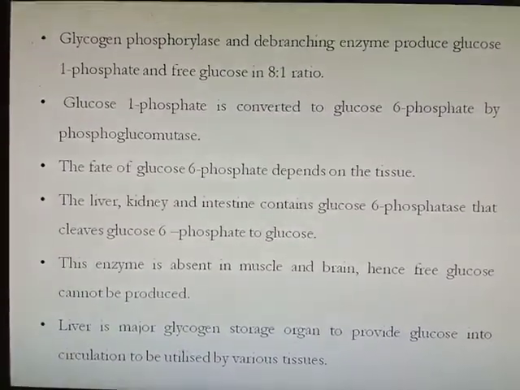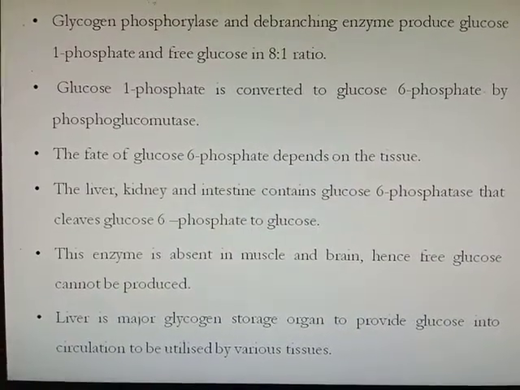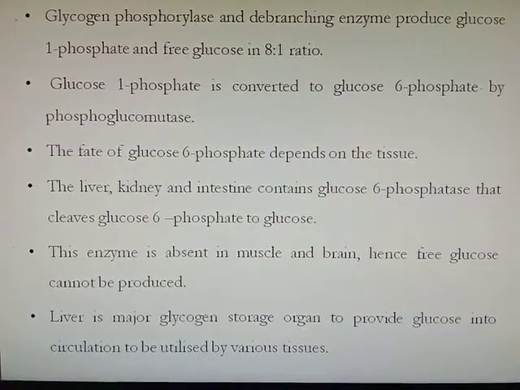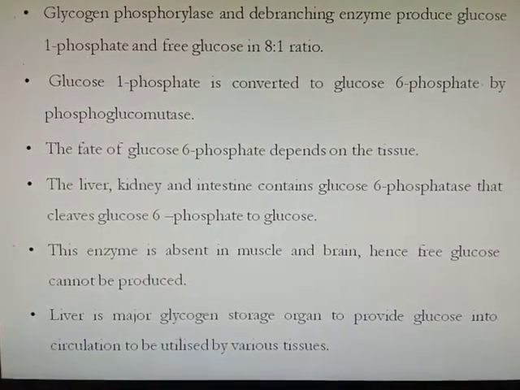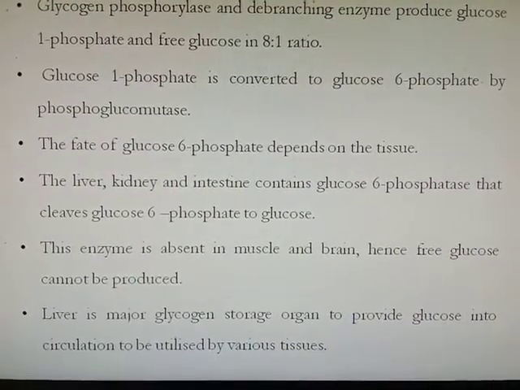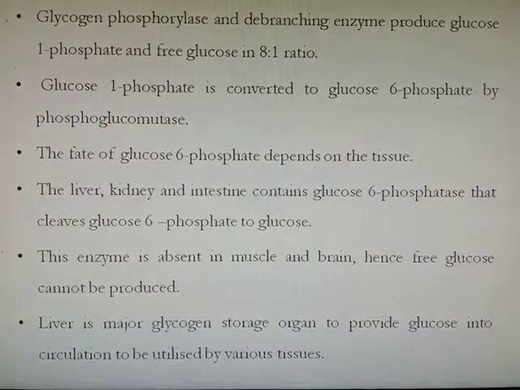Glycogen phosphorylase and debranching enzyme produce glucose 1-phosphate and free glucose in the ratio of 8:1. Glucose 1-phosphate is then converted to glucose 6-phosphate by the enzyme phosphoglucomutase. The fate of glucose 6-phosphate depends on the tissue. It may go for the HMP pathway or for glycolysis.